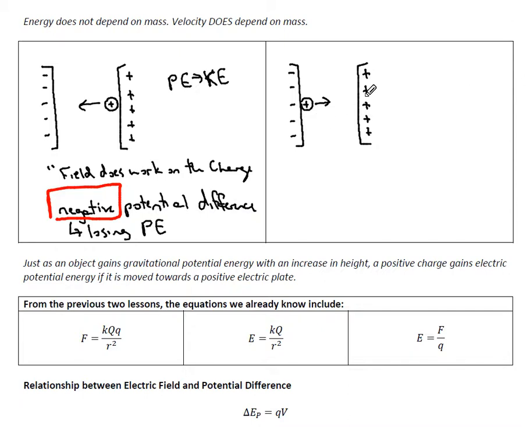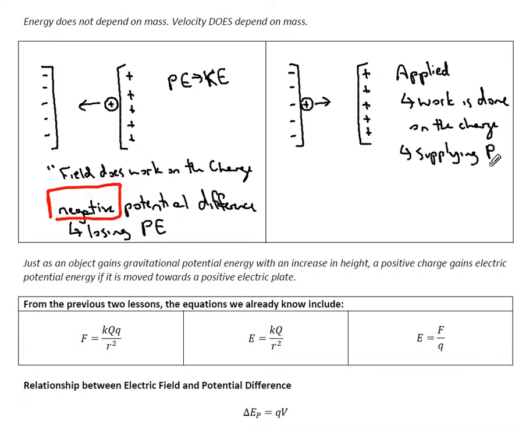In this other scenario, we have to include applied force. In order for us to get from the negative into the positive, we have to go against the field. The charge does not want to go towards the positive, so we have to have an applied force to get that charge away from the negative side. So work is done on the charge. In other words, we are supplying potential energy.